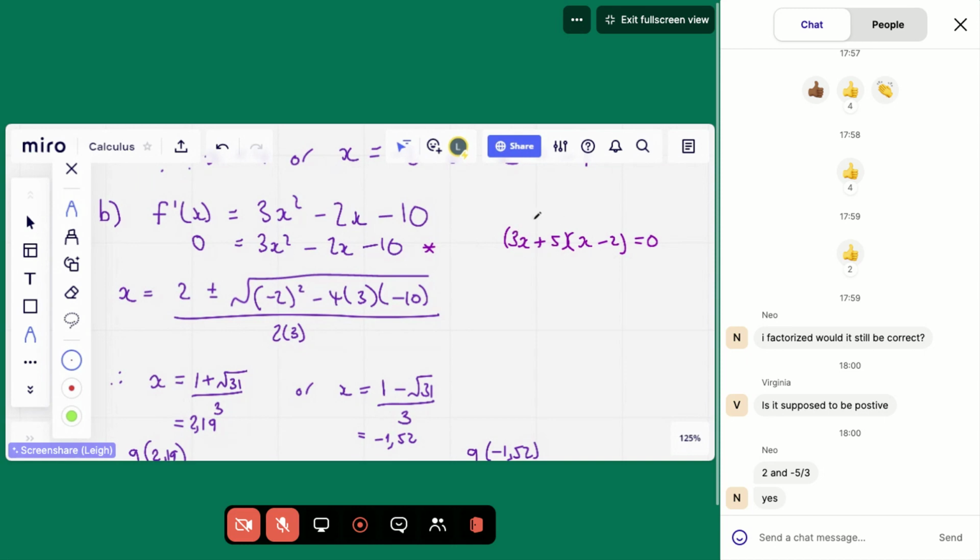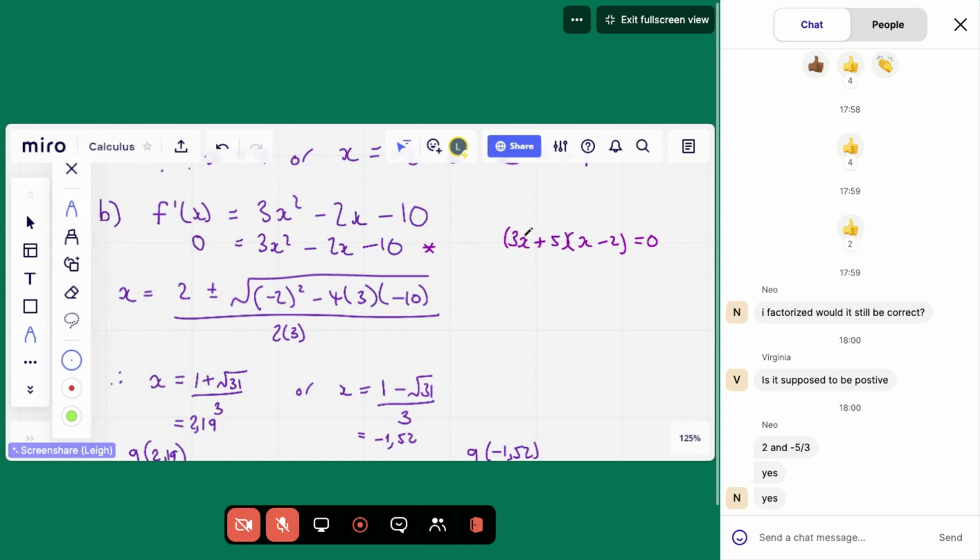So that gives you 3x squared, which is right. Then you're going to go 3x times negative 2, which is going to give you minus 6x. 5 times x is going to be plus 5x. And then positive 5 times negative 2 is going to be negative 10.